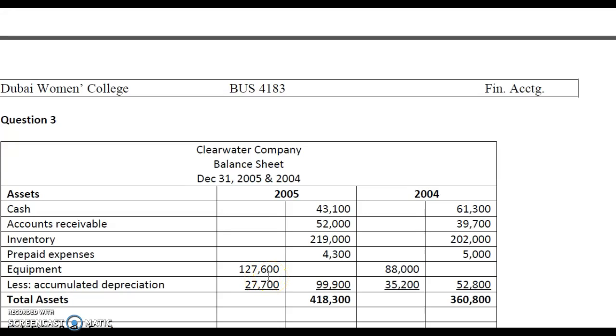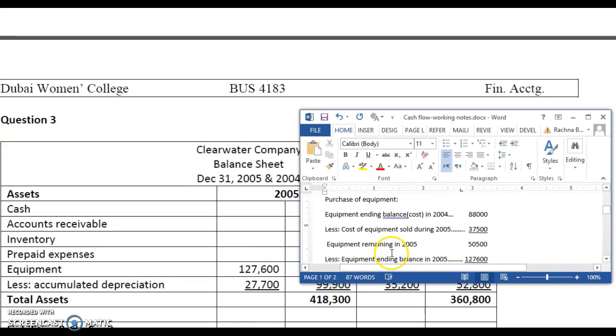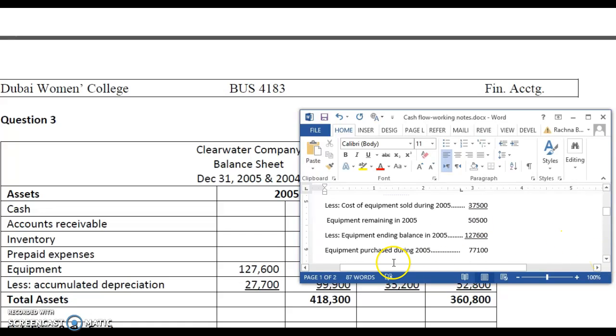So we will deduct 50,500 from 127,600 to arrive at the equipment purchased in 2005.